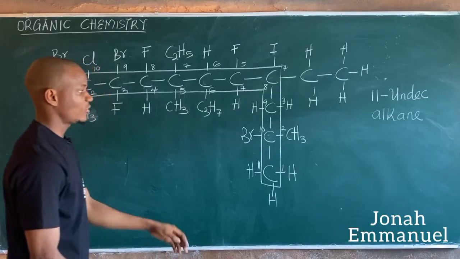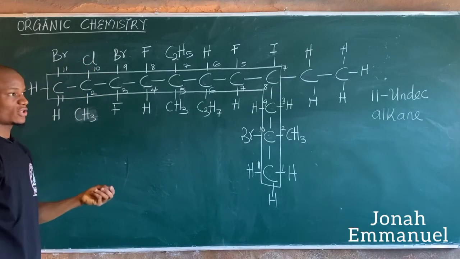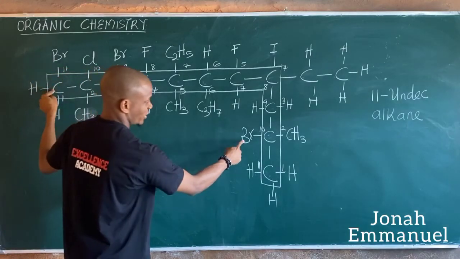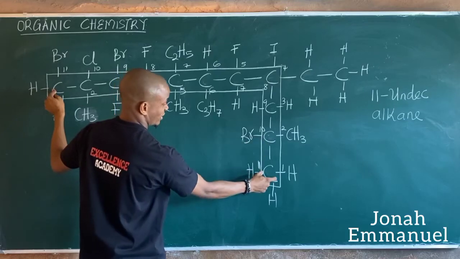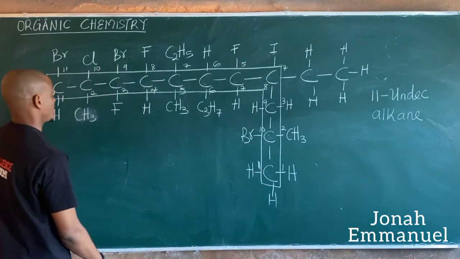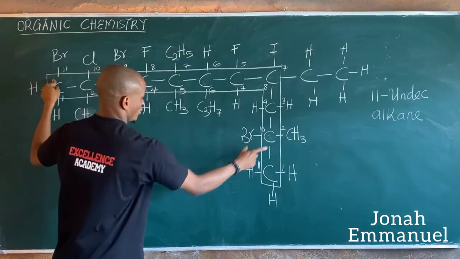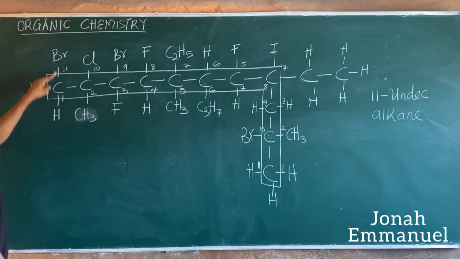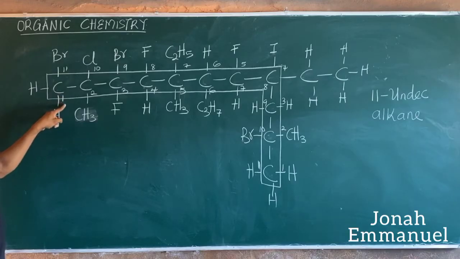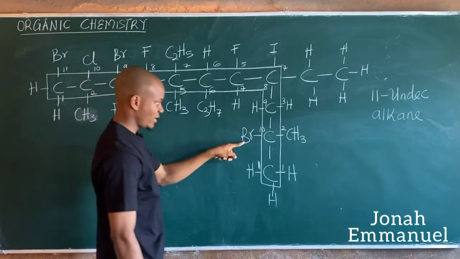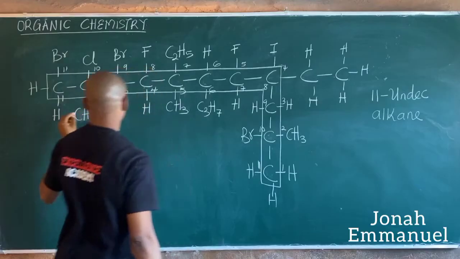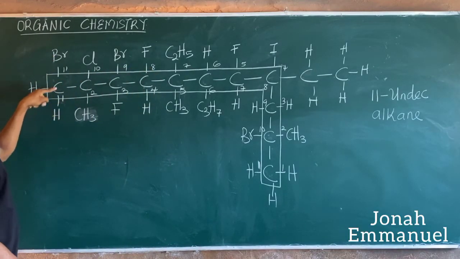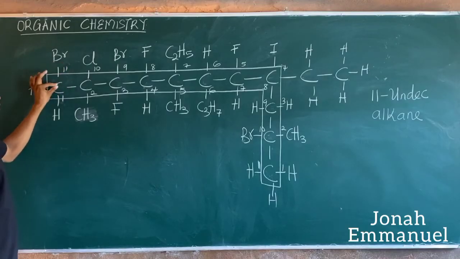So in alphabetical order, I take bromine first. This bromine is close to this end here, and this bromine is also close to this end. So which do I consider first? If I go with lower numbering, this bromine is at carbon 1 from lower numbering and carbon 11 from upper numbering.